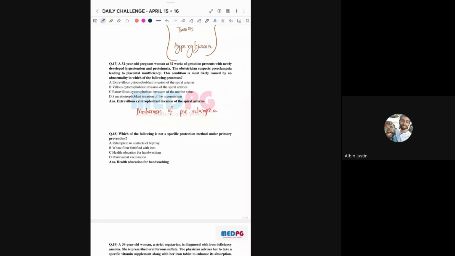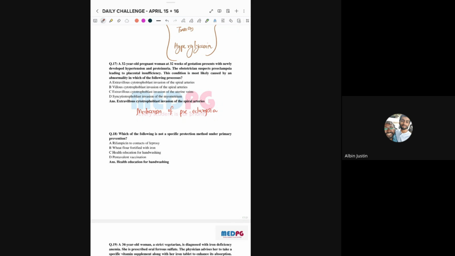So during normal pregnancy, the extravillous cytotrophoblast will invade the maternal spiral artery and transform them to dilated, low resistance vessels, thus ensuring adequate placental blood flow.